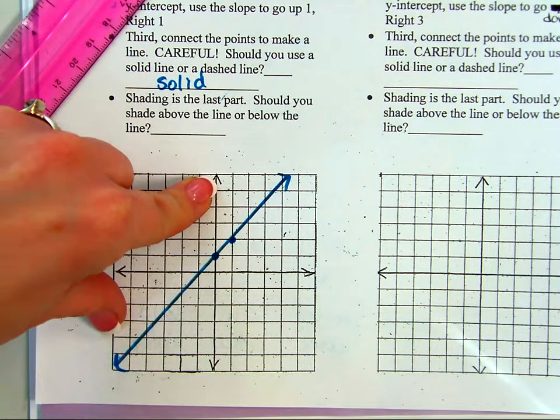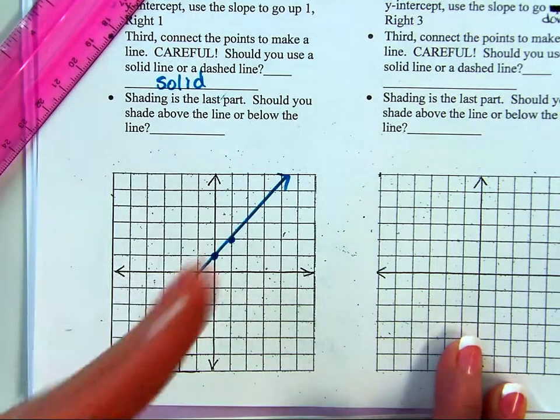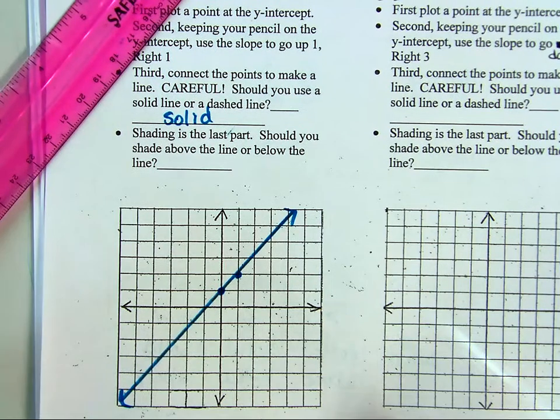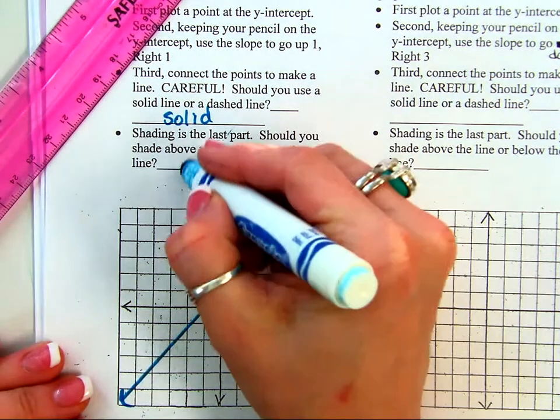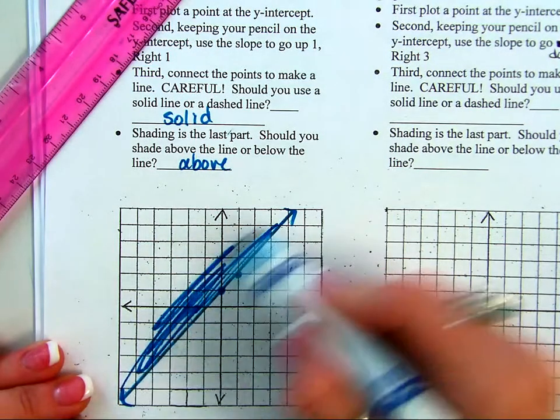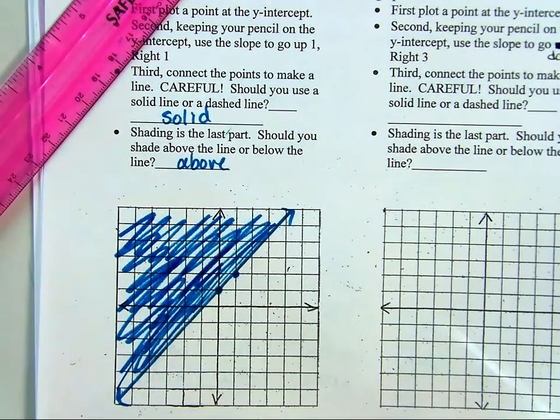We already know that the solutions can be on the line, right? So what area should I shade if it's greater than? Greater than is above. So go ahead and shade that in. Get the color. Okay, does that make sense?